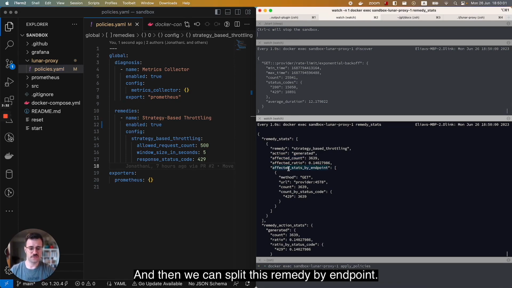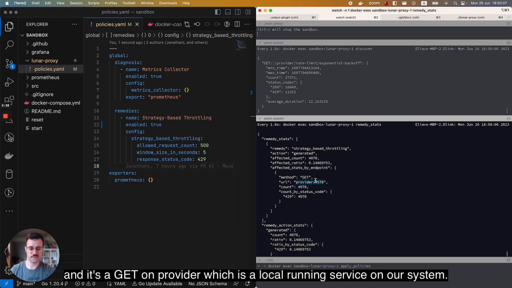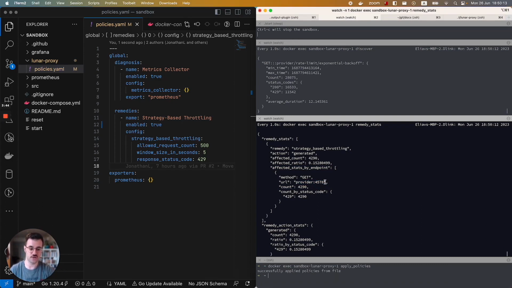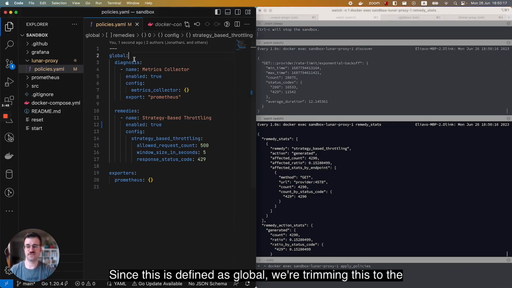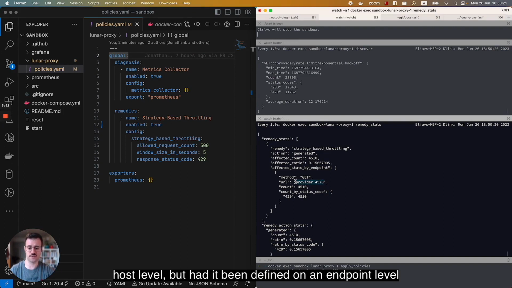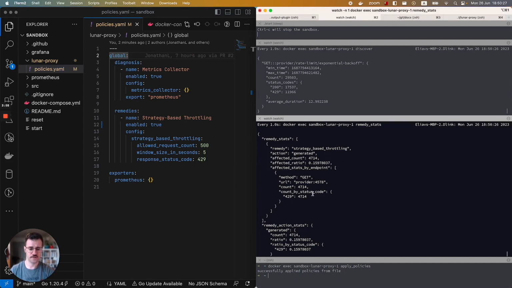And then we can split this remedy by endpoint. In this case, we have just one endpoint, and it's a GET on provider, which is a locally running service on our system. It could be any external API URL that you have. Since this is defined as global, we're trimming this to the host level, but had it been defined on an endpoint level, you'd get the full endpoint here.